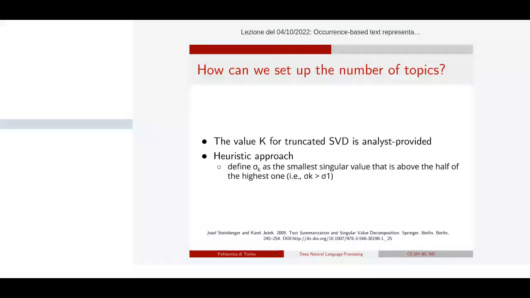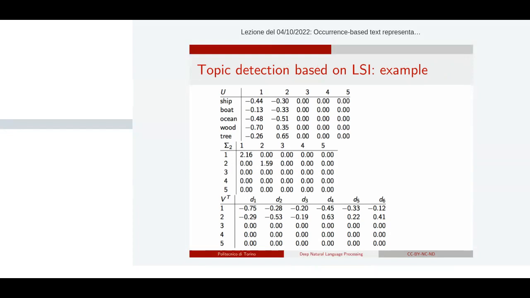But first, before doing this, let's consider which is the optimal K value. Because if you have the original version of the decomposition, you have the document word representation. You apply the SVD, you get the decomposition of the original matrix.